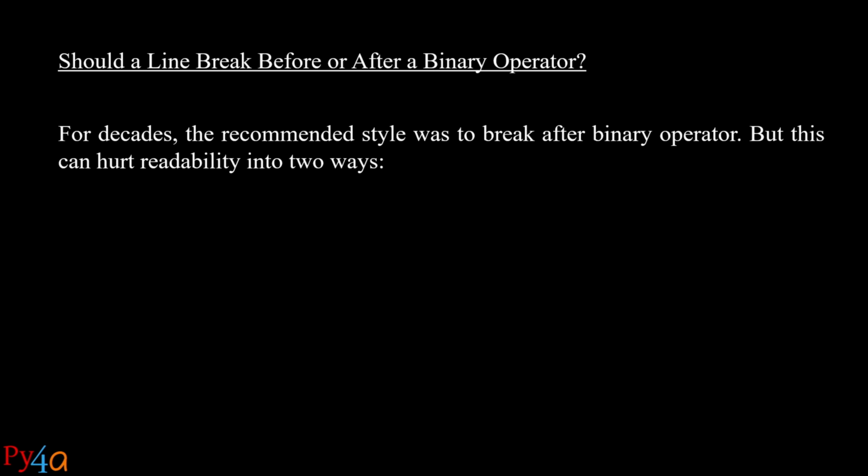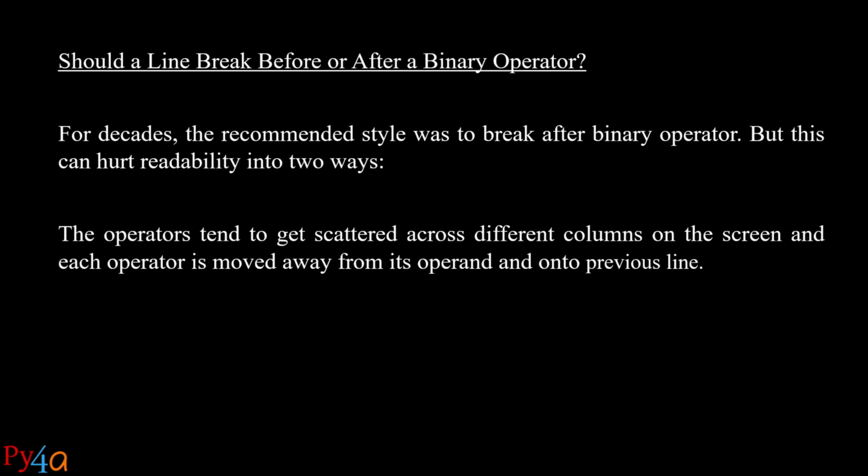Readability counts. But breaking after the binary operator violates this rule in two ways. First, the operator tends to get scattered across different columns on the screen, and each operator is moved away from its operand and onto the previous line.